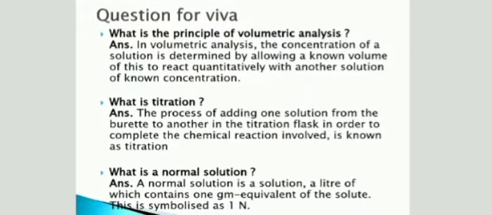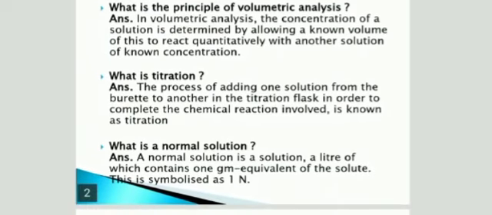Questions for Viva. First question, what is the principle of volumetric analysis? In volumetric analysis, the concentration of a solution is determined by allowing a known volume of this to react quantitatively with another solution of known concentration.